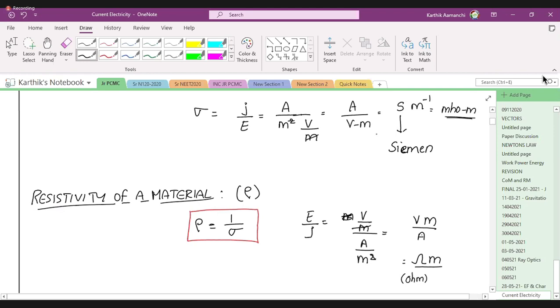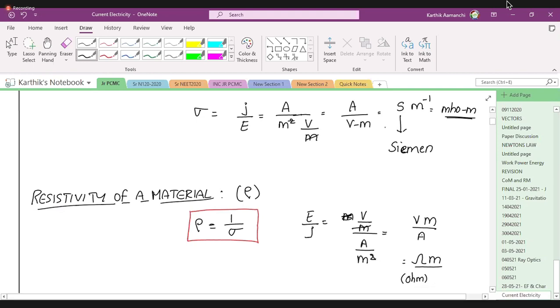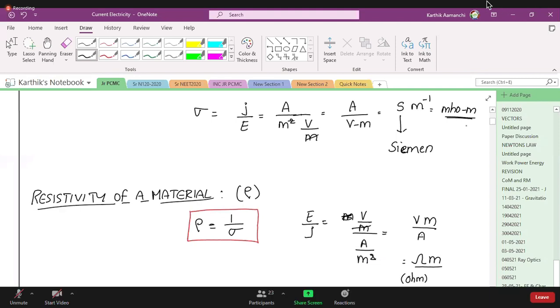So the other unit of your conductivity is mho per meter. Clear? See how easy physics is. You all think physics is tough. Inverse means exactly inverse in physics.